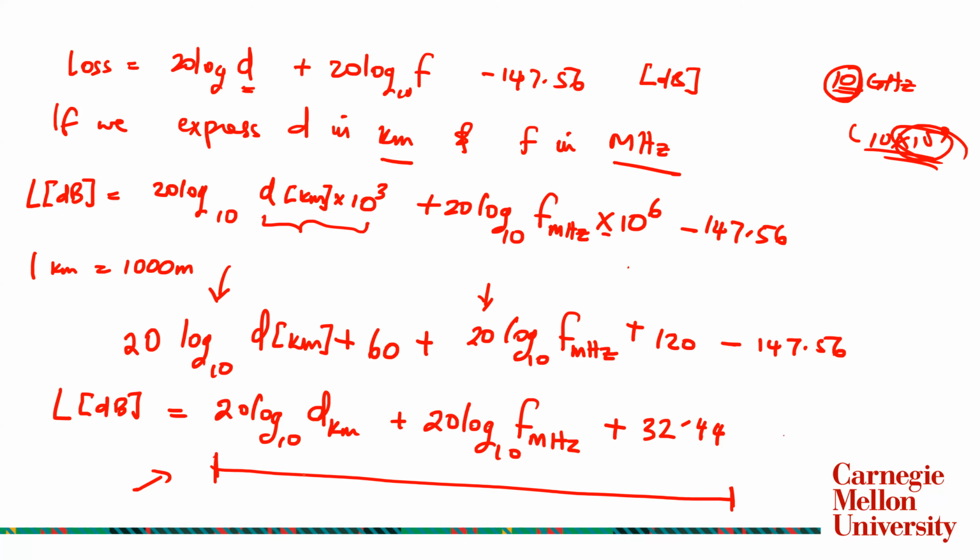This is actually the loss. So when you put it in the power received equation, you have got to subtract, meaning that all these terms actually become negative.